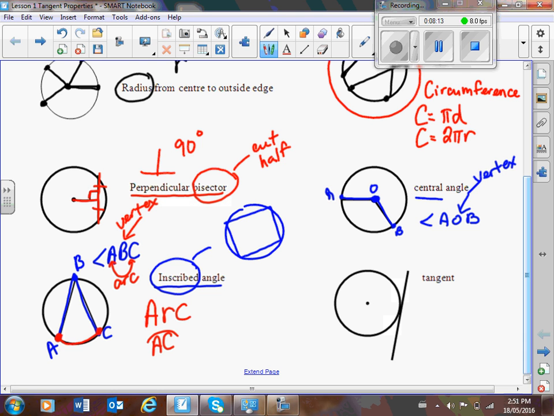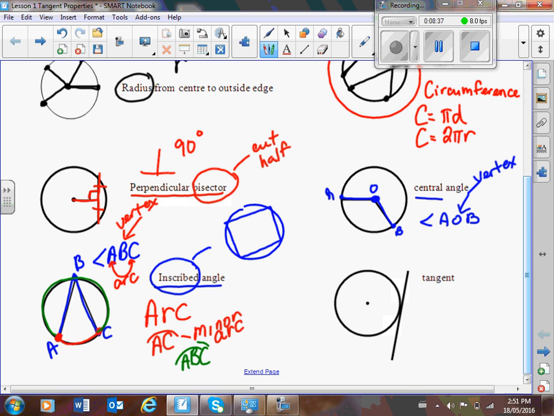Now that arc AC as I draw it, that's a minor arc. The reason it's called a minor arc is because it's small. It's the smaller arc. Where's the larger arc? Well, use my green marker here. If I start at A and I get to C, and I go the other way, so I still have arc ABC.